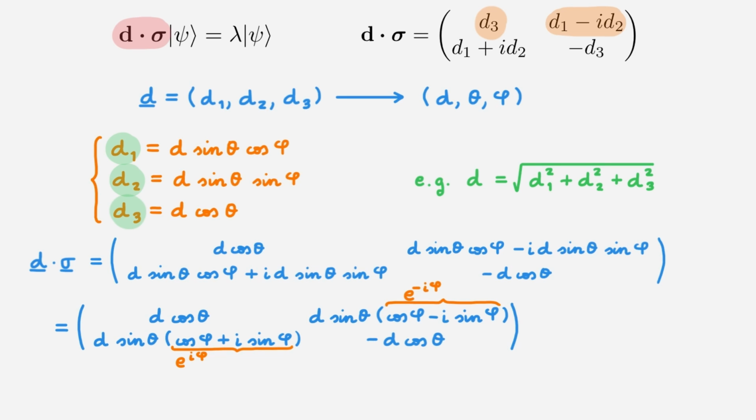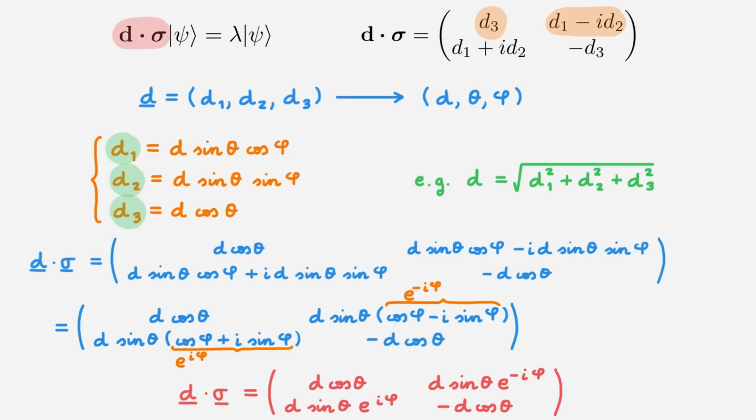So, overall, we conclude that we can write the operator d dot sigma as equal to d cosine theta, d sine theta e to the power minus i phi, d sine theta e to the power of i phi, and minus d cosine theta. And this is the new form of the d dot sigma operator in terms of d, theta, and phi.